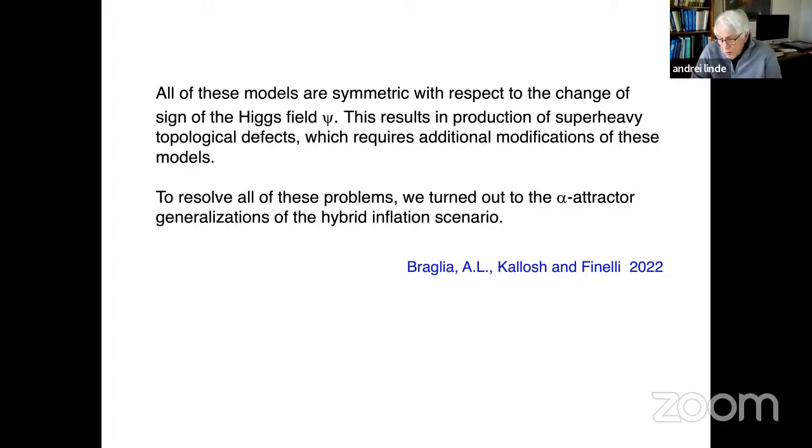There is an additional problem with this set of models, which we mentioned already in our paper with Linde and Vance. To make these models simple, they had a simple Higgs inflation, a simple Higgs potential, which was symmetric with respect to the change from chi to minus chi.